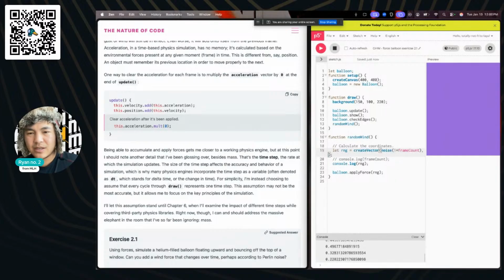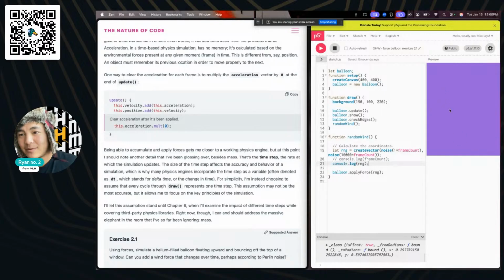So let's grab the same noise right here, and we're just going to add an offset of like 10,000. When I say offset, that's because technically speaking, we're taking the same random seed, so to speak, and we're saying 10,000 frames later is where the y value is going to start, and that's random enough for us to work with. So let's go ahead and see that. Now we've actually got some y components moving.